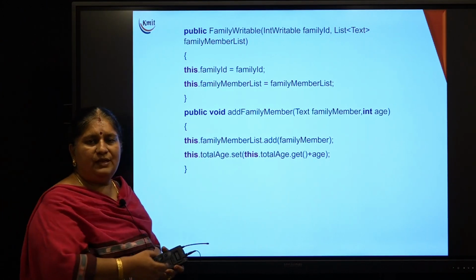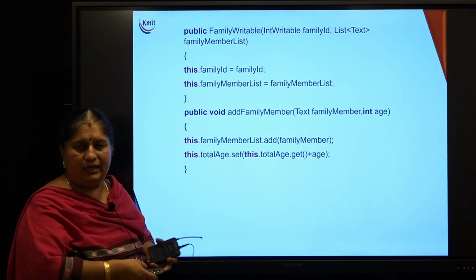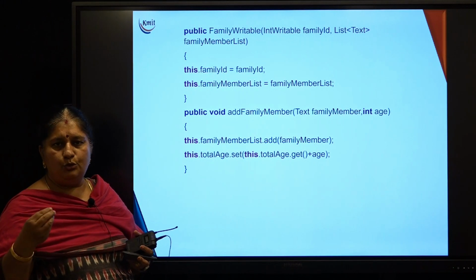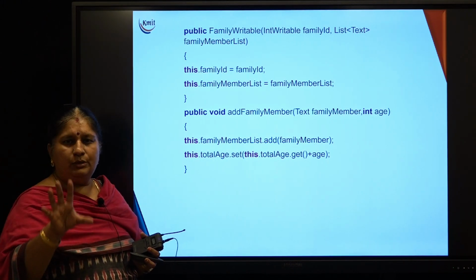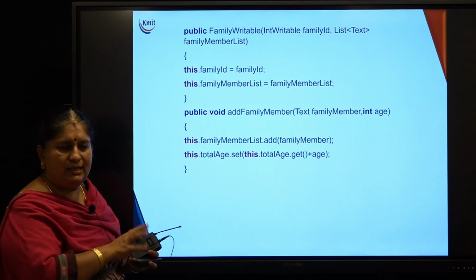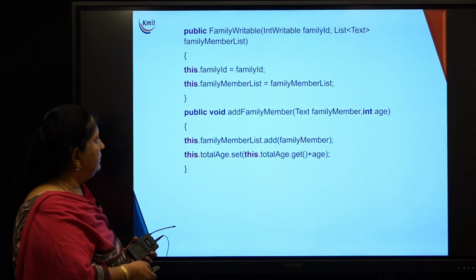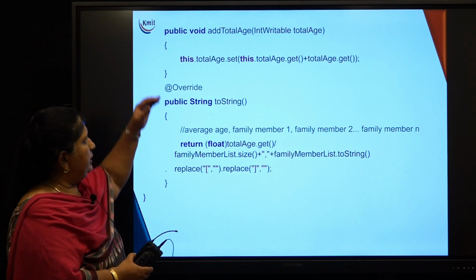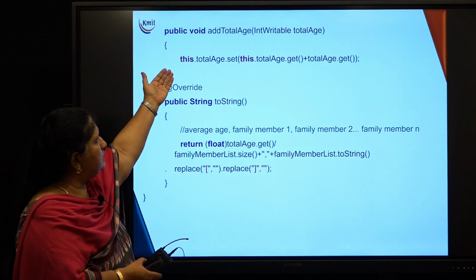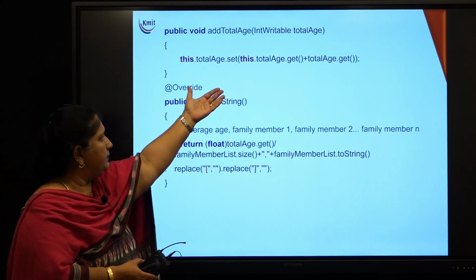This is not a fixed implementation that I have to write like this. I just took an example. Whenever a new family member is added, the total age of that particular family should be calculated and kept aside. Just a simple example. Similarly, you are trying to add the total age, and set it.